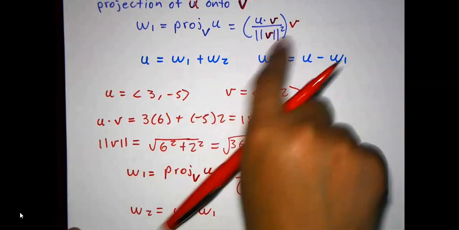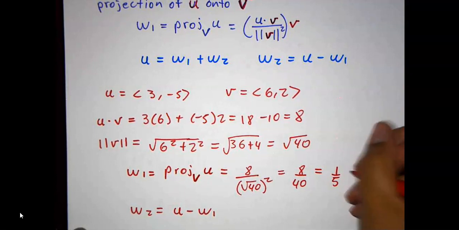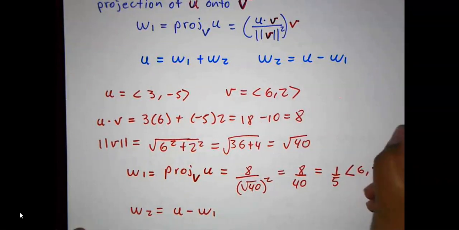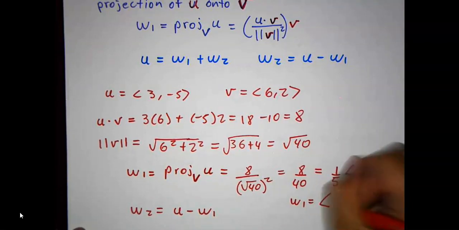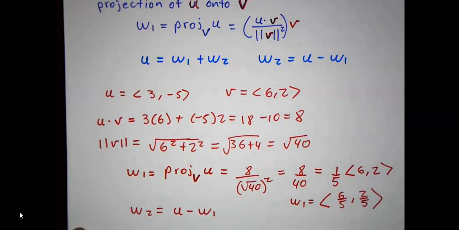So I'm going to do 1/5 times vector v, which in my case was 6, 2. So then my W1 would just be 6 over 5, comma 2 over 5. I'm distributing the 1/5 into v.